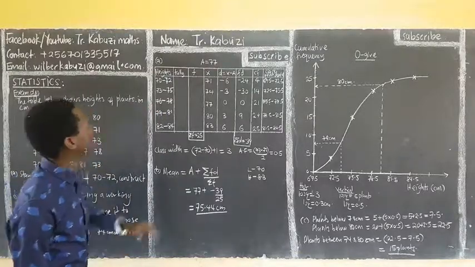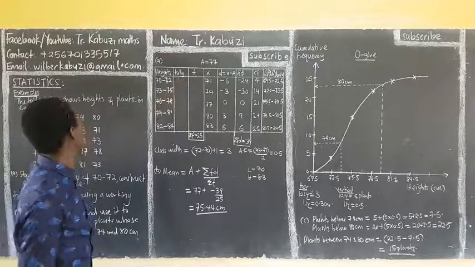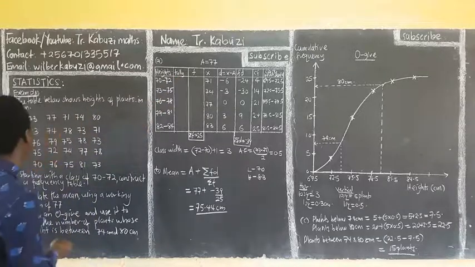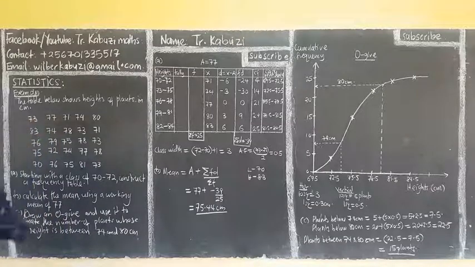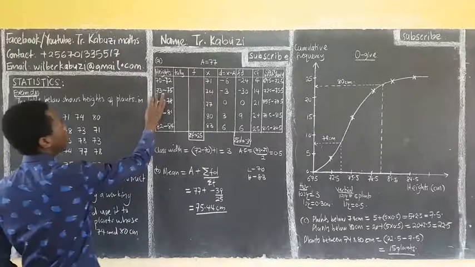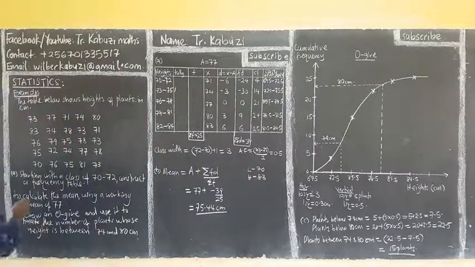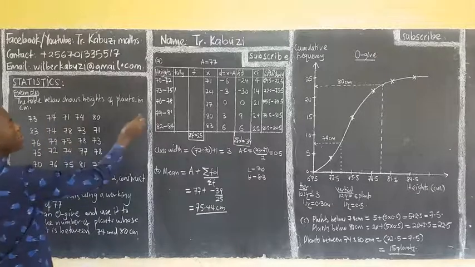Now to get the frequency, we need to do what we call tallying. You cancel as you put, so we are going to cancel together. 73 falls between this class, so I put a bar there. Then 77 is here. What you cancel is what you put.